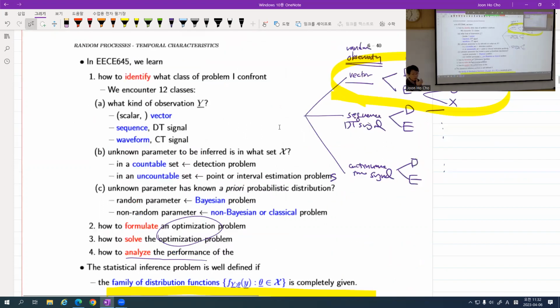Unlike 645, in most machine learning problems, you are not given that distribution. That's why you somehow need to find that distribution, and based on that, you optimize the parameters of your machine learning model. That is the procedure of training.